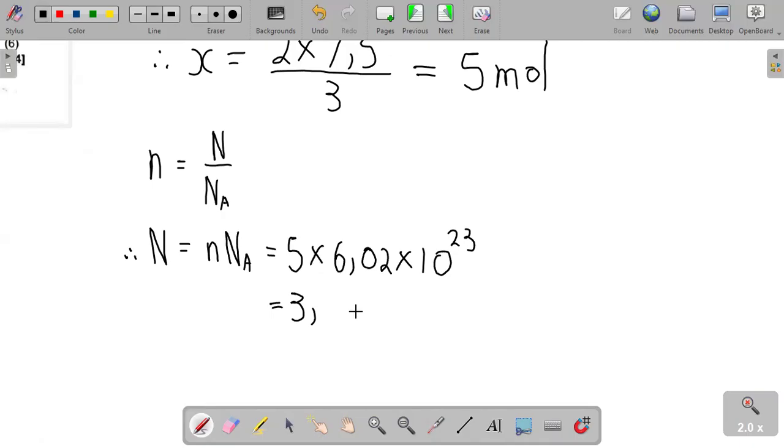We use a calculator here. Gives me 8.01, then multiplied by 10 to the power of 4.